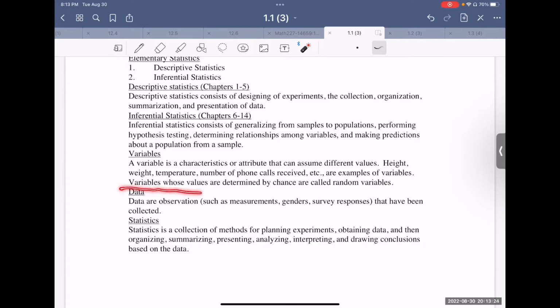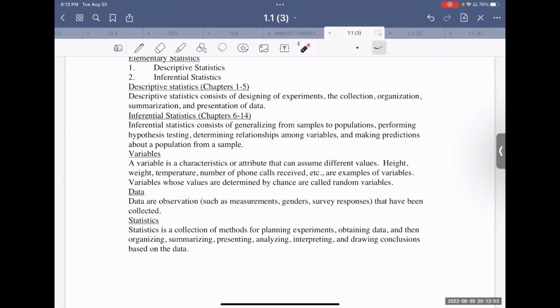A variable whose values are determined by chance is called a random variable. Again, I will define random variables several more times, each time becoming more and more specific about what I really mean by a random variable. Data are observations, such as measurements, genders, survey responses that have been collected.